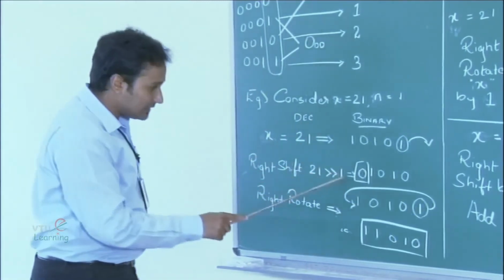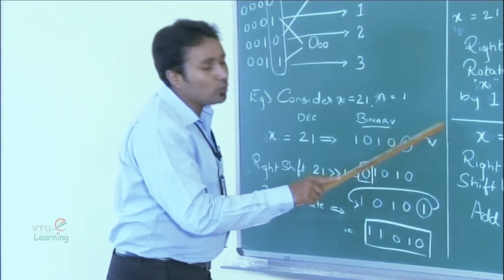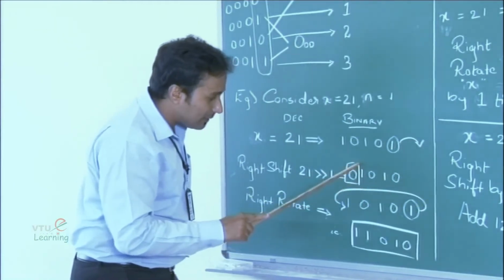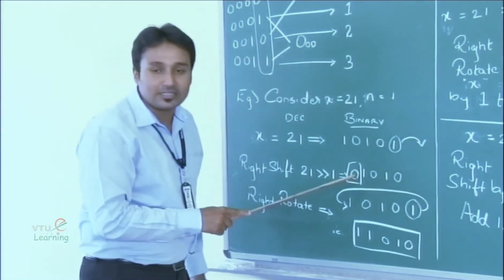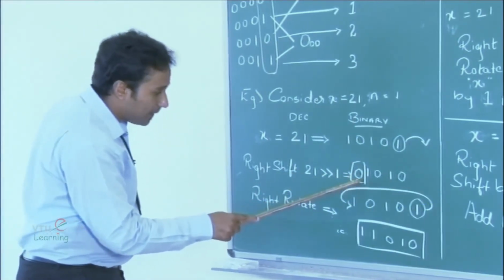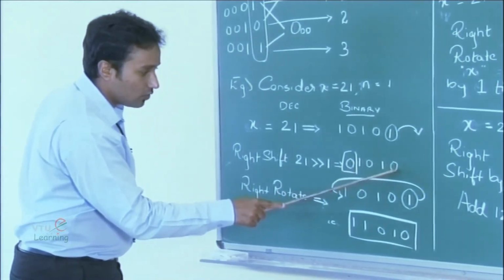Hence, what happens when we shift, the LSB moves out of the range, and the new vacant bit is filled up by 0. Finally, the shifted value will be 01010.